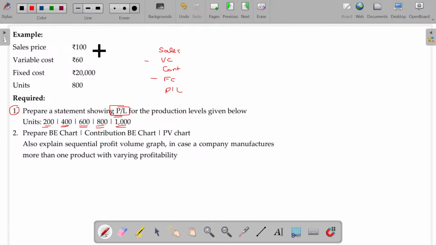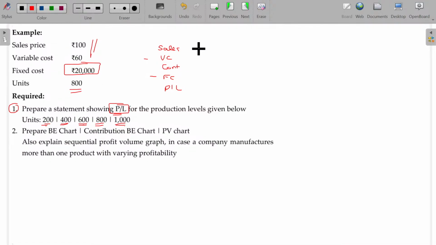Now, we have been given sales and variable cost on a per unit basis and fixed cost in total. Number of units sold being 800. Anyhow, we have to find out the profit and loss for various levels: 200, 400, 600, 800, and 1000.